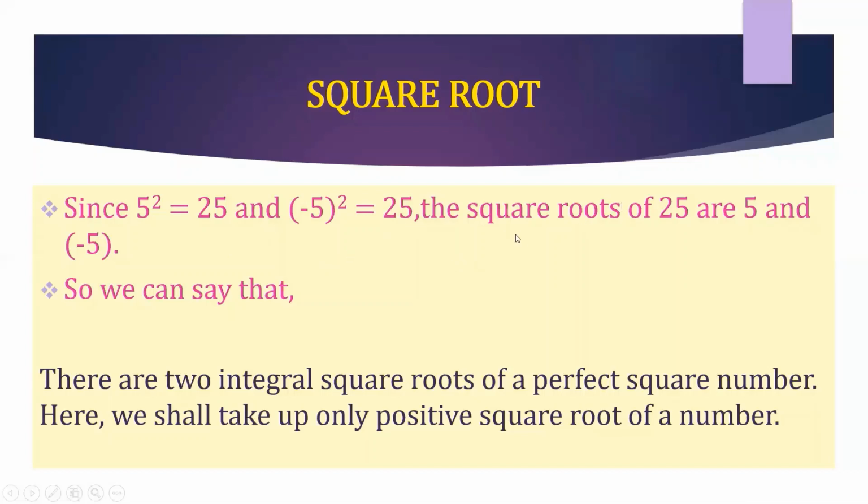Then when we say square root of 25, we can have two square roots. For number 25, there is 5 and minus 5. Similarly, for 16, we have two square roots, that is 4 and minus 4. Same way for 121, we have again two square roots, that is 11 and minus 11.